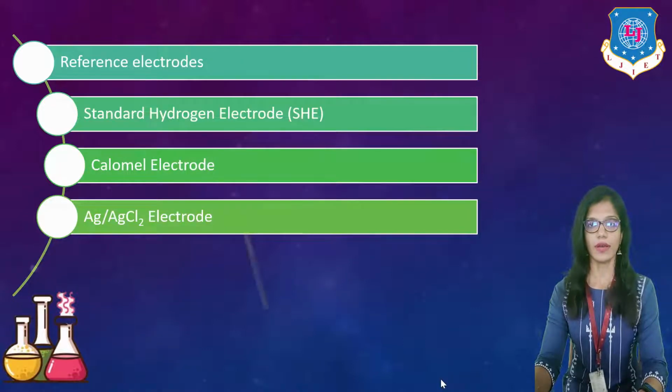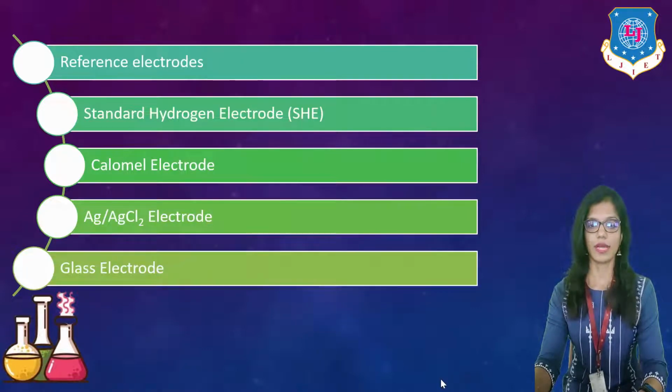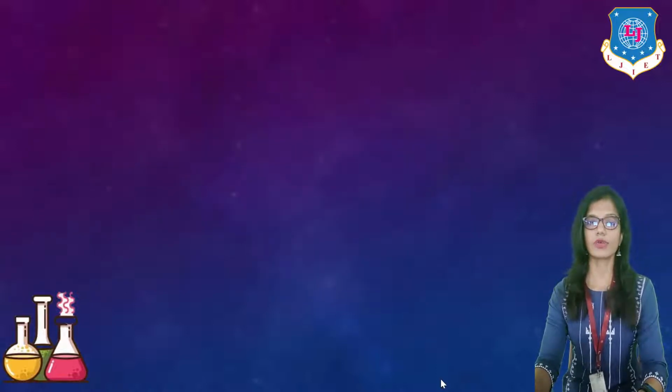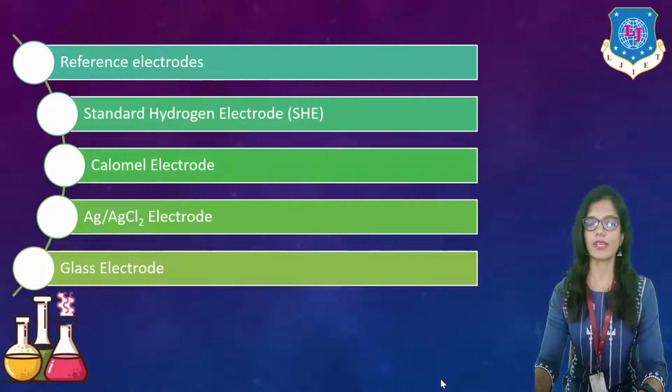We also have the glass electrode. So these types of electrodes are known as reference electrodes. Reference electrodes are the electrodes which we can use for reference purposes. We can find the electrochemical cell's potential with reference to this kind of electrode.